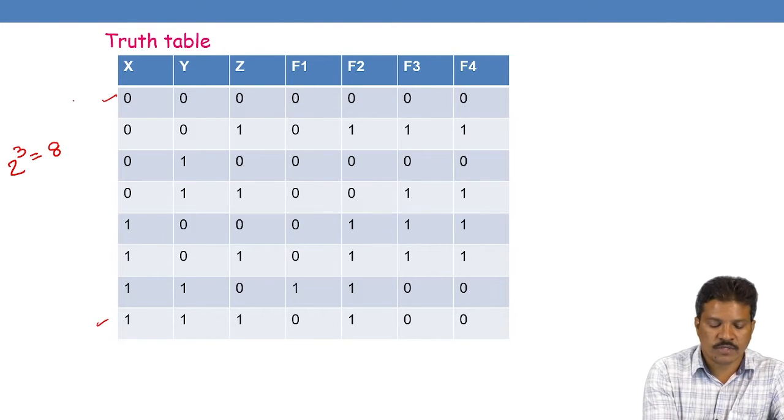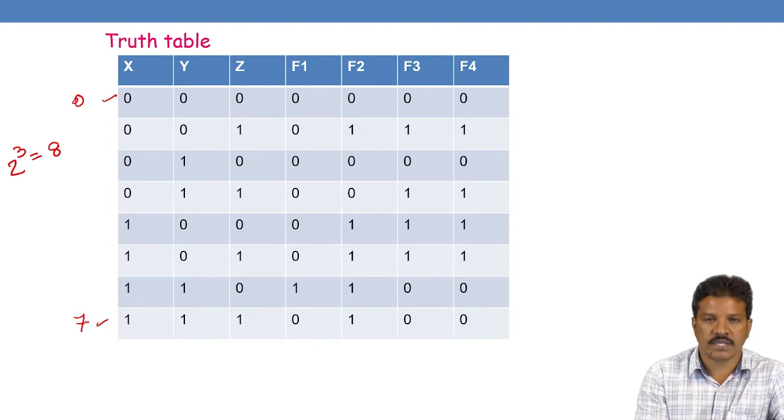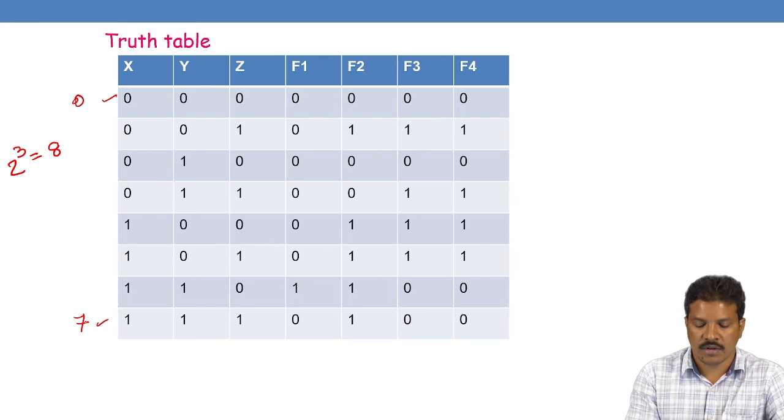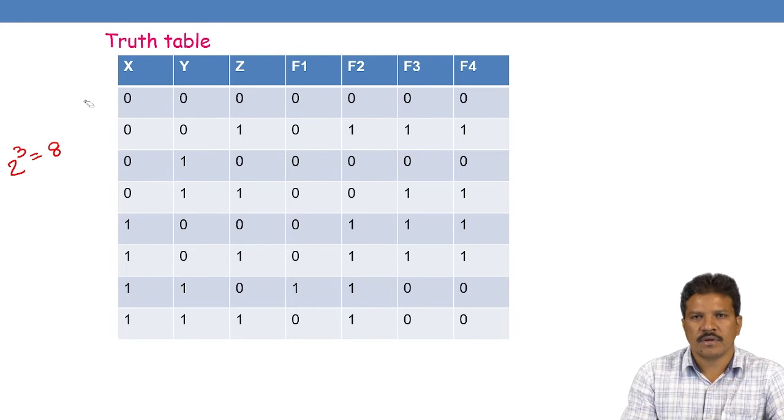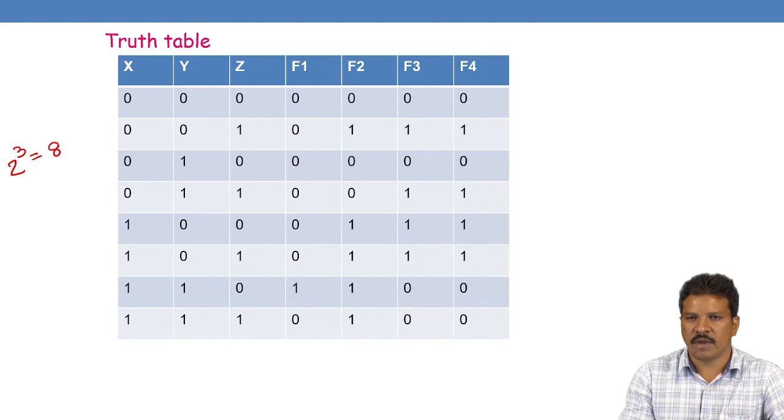So the values start with 0 in decimal and end with 7 for 3 variables. For these combinations of x, y, z, the corresponding outputs are seen in the functions f1, f2, f3 and f4. As I said, these 4 Boolean functions can be expressed either with Boolean expressions or in a truth table.